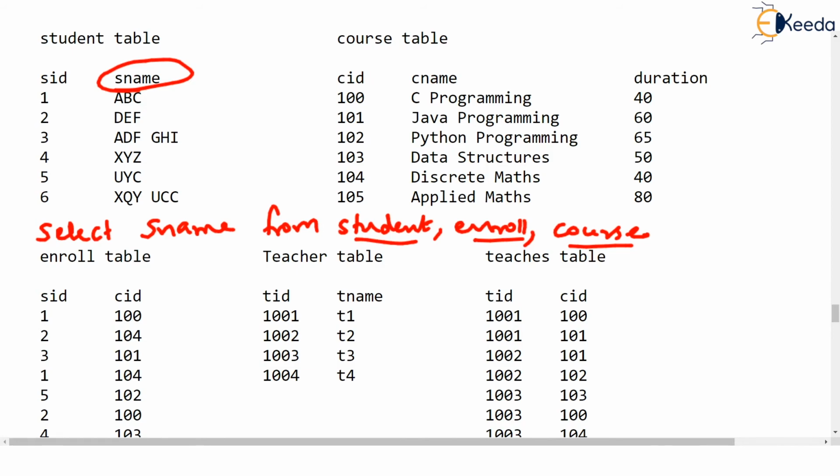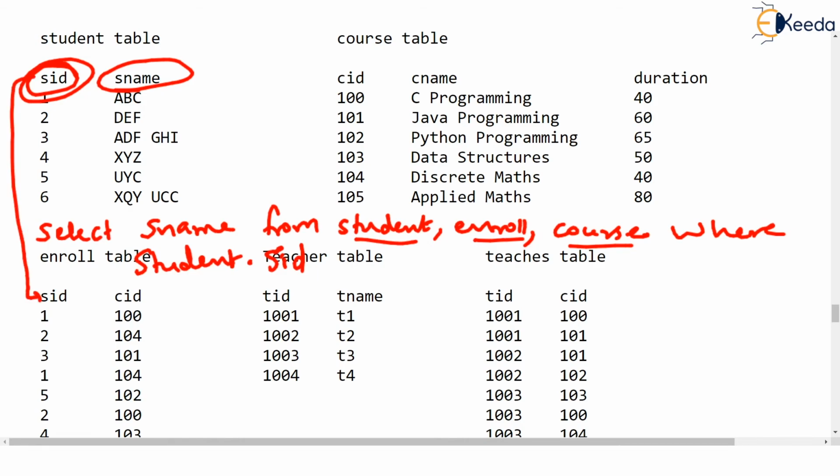So these three tables are involved where what was the condition? Come on, what was the condition? It is SID of the student table. So student dot SID, please excuse me, I am overwriting this, but red color is much more visible, I hope so. Student dot SID must match SID of enroll.